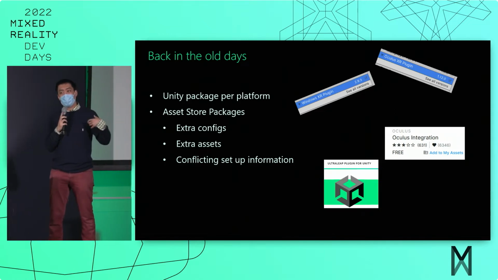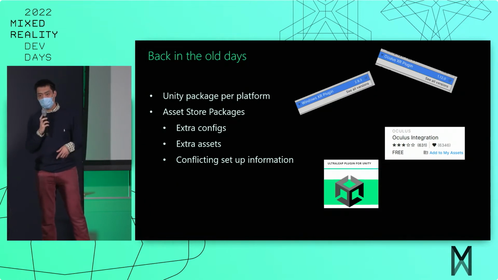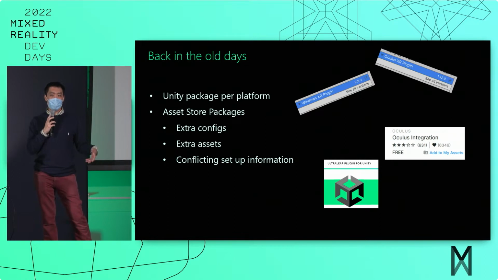And even after you got those Unity packages installed, oftentimes you'd be required to download even extra packages, whether from the asset store or from the developer sites themselves. These would result in extra configurations you have to deal with, maybe some extra assets that you never really asked for, but are included in that package anyway, and you have to figure out what to do with them.